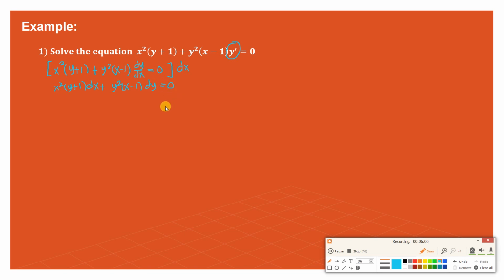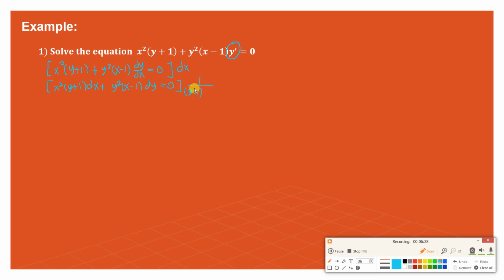Okay, so napag-iwalay na natin yung part sa differential calculus. Next, retaining only x squared on the first term, we need to eliminate y plus 1. So, eliminating y plus 1, we need to divide by y plus 1.